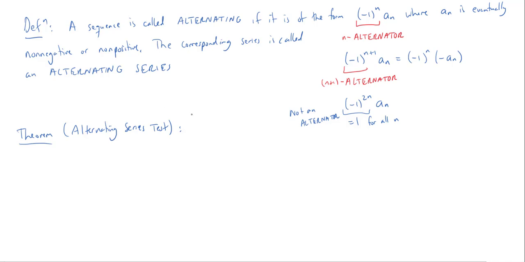So we're going to assume that a_dot is eventually decreasing and eventually non-negative. If we want to make this eventually non-positive, then we'd want this to be eventually increasing. Okay, so we also want a_dot to converge to 0.